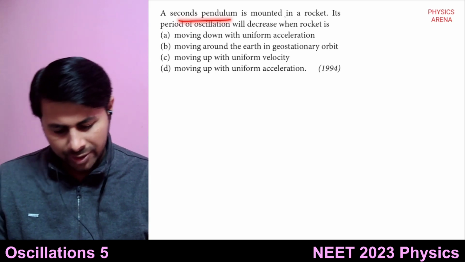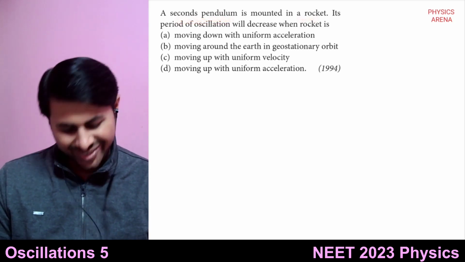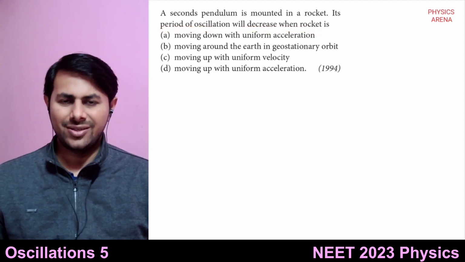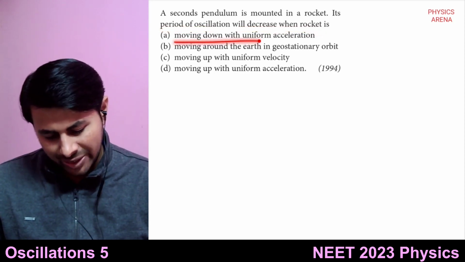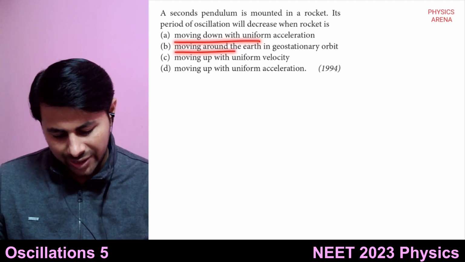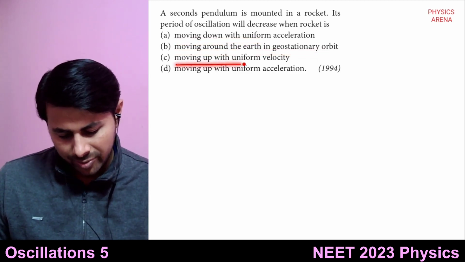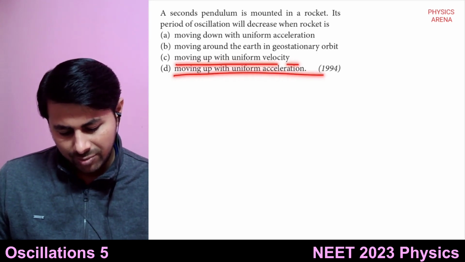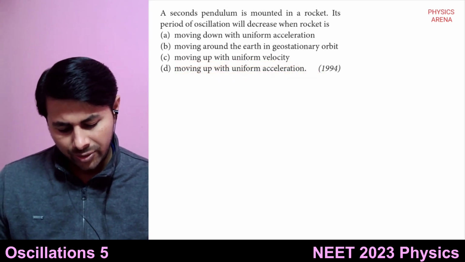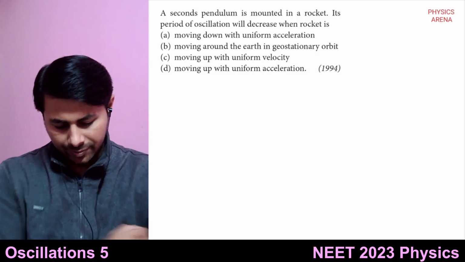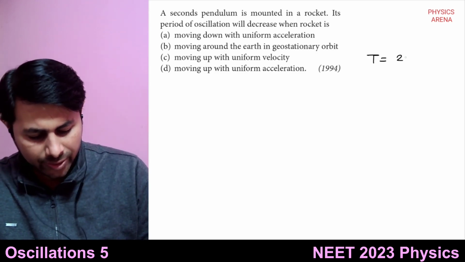The second pendulum is mounted in a rocket. Its period of oscillation will decrease when the rocket is moving down with uniform acceleration, moving around the Earth in geostationary orbit, moving up with uniform velocity, or moving up with uniform acceleration. So tell me, time period is given by what? 2 pi square root of L upon g.